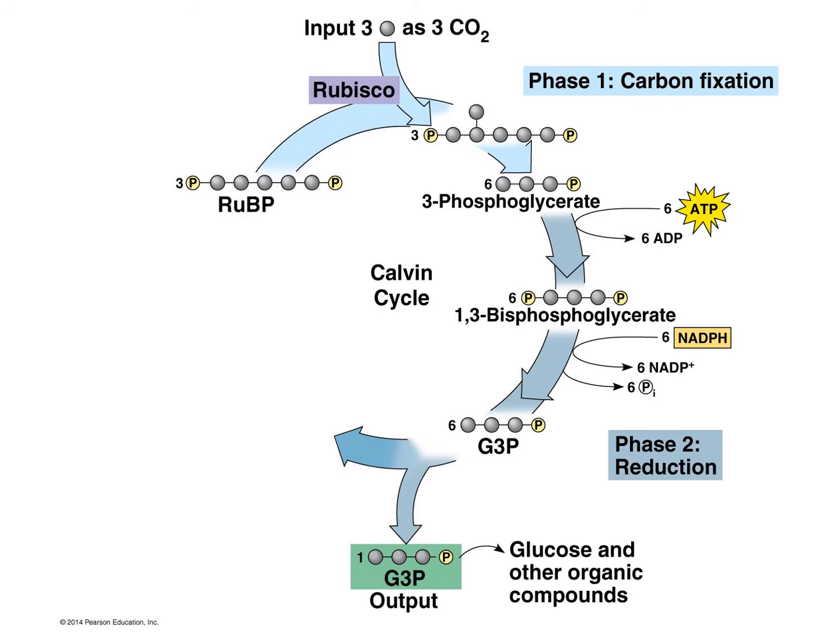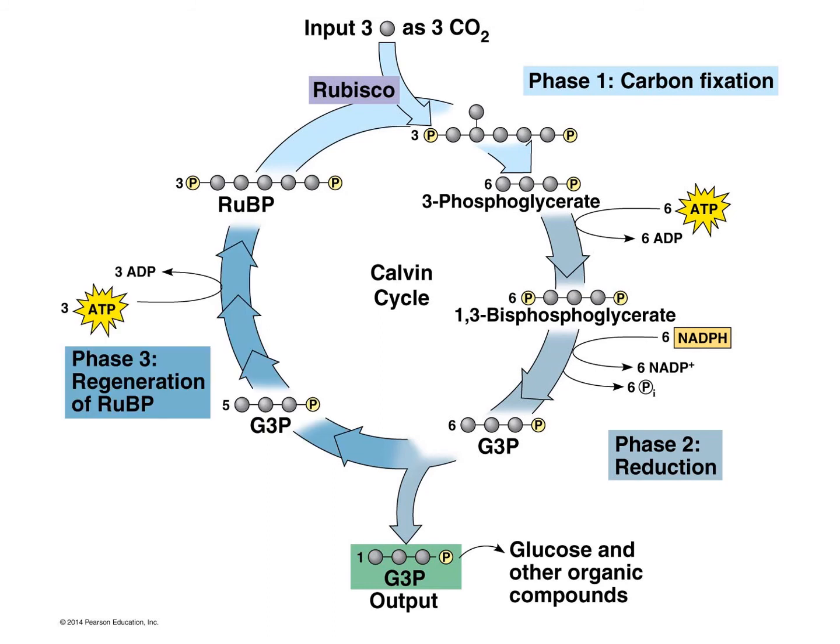Remember, this is a cycle, so the other 5 molecules must remain behind to allow the cycle to continue. Those 5 molecules of G3P are phosphorylated using more of the ATP made in the light-dependent reactions, and those 5 G3Ps are converted into the 3 molecules of RuBP we started with.